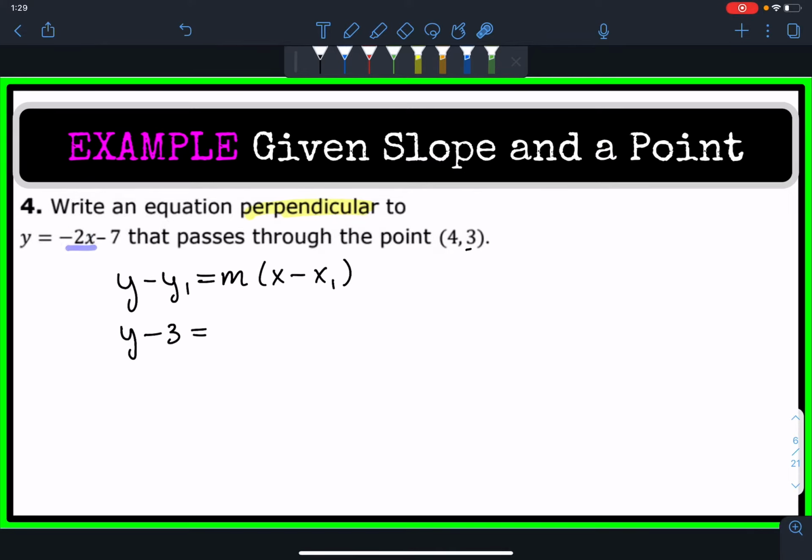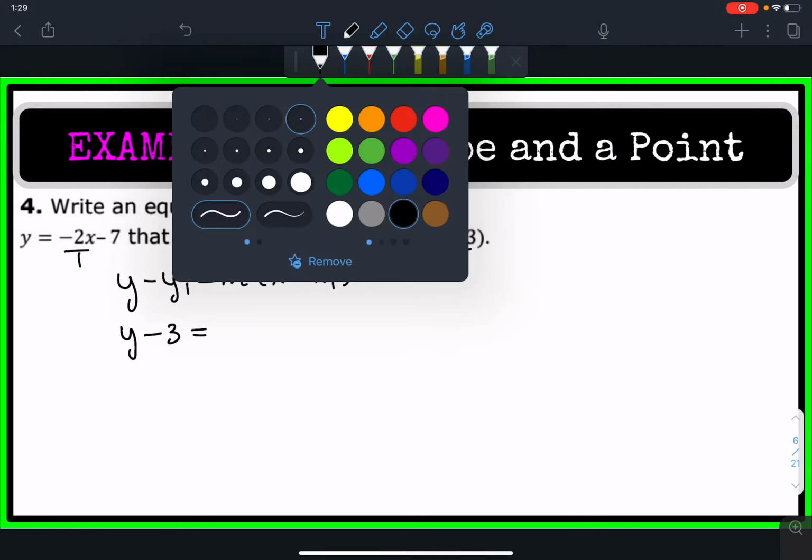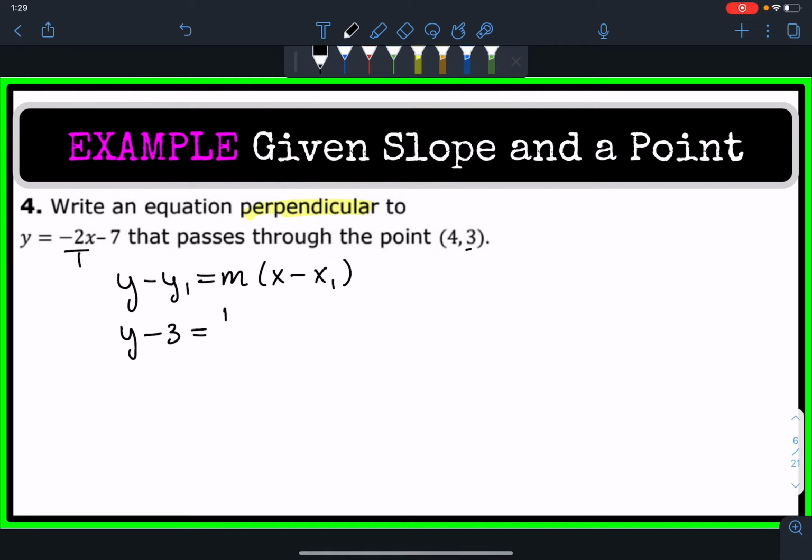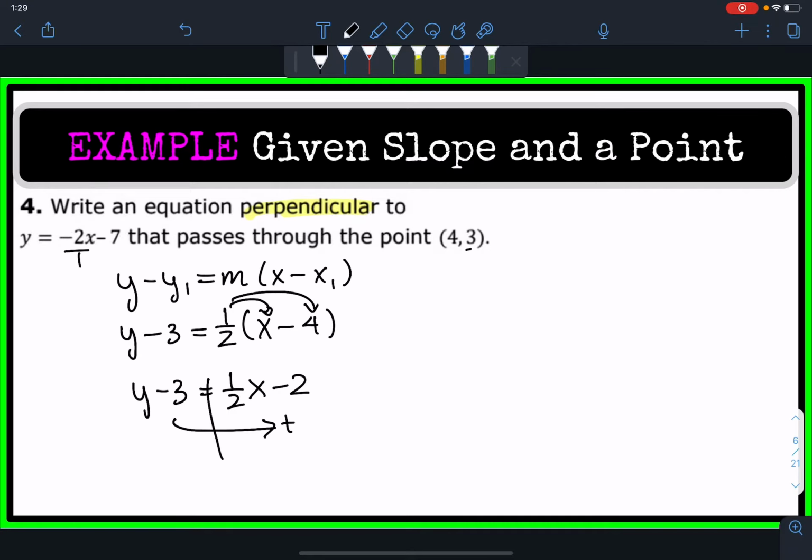Well, to flip 2, which is equivalent to 2/1, that would be 1/2. So that's going to be 1/2, and x minus the x value, which is 4. So y minus 3, I distribute, we end up with 1/2 x minus 2. I move the 3 to the other side, making it positive, and y is equal to 1/2 x plus 1.